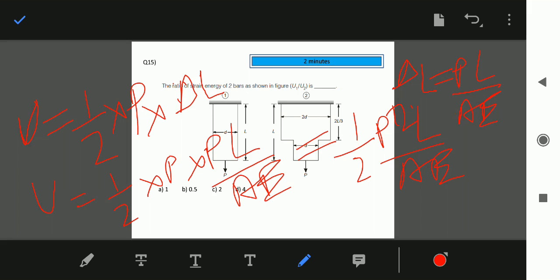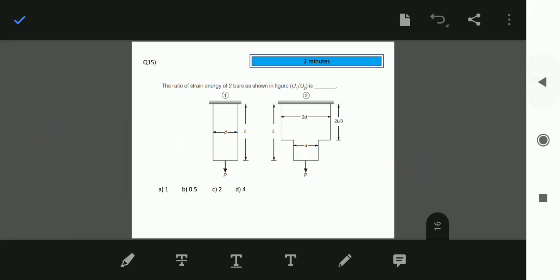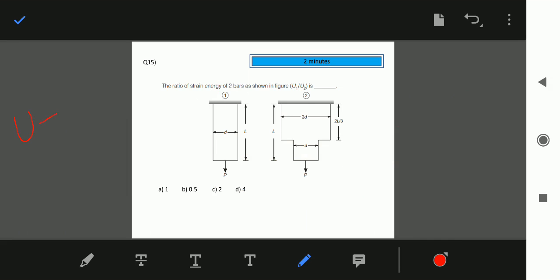Okay, so this is the strain energy for a bar. So for the first case, it will be U equals P square L upon 2AE, and for the second case, see here 2 bars are there. Okay, first one is this bar and second one is this bar, first and second.